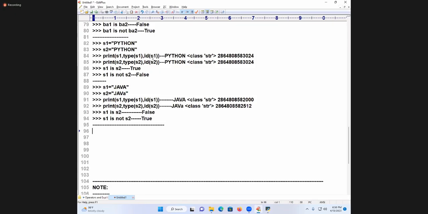Two set objects contain the same data: is not. Two list objects contain the same data: is not. Two string objects contain the same data, same meaning, same case, same order: is. Two different string objects contain the same data with a different case, same meaning: is not. Right. This you will remember perfectly.